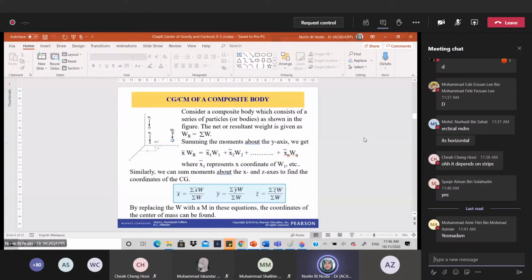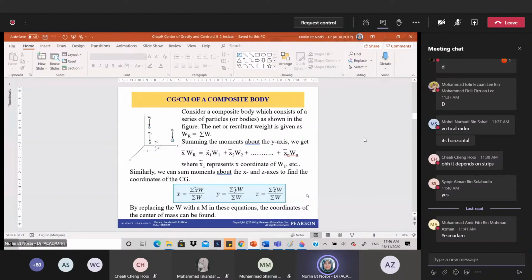So it's the summation of x tilde times W over the summation of W. Same goes for y bar and z bar. If the question asks for the center of mass, you can change this W to m, because it refers to mass. W refers to weight. Same as the first slide I showed you.